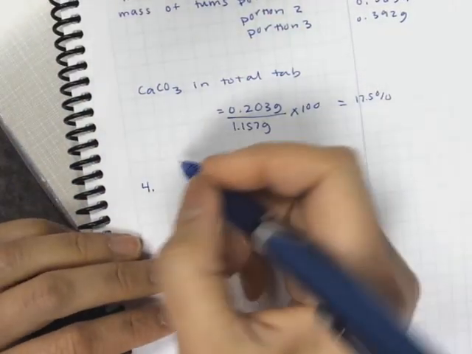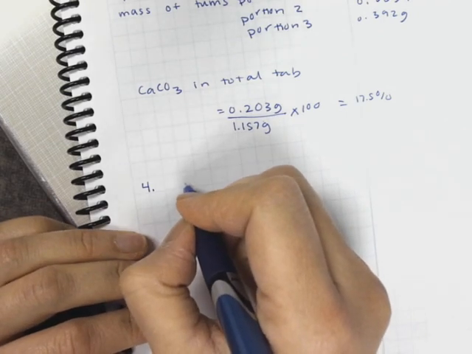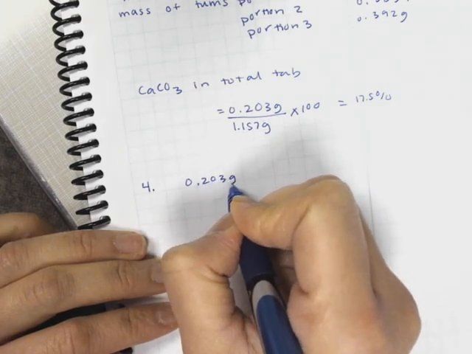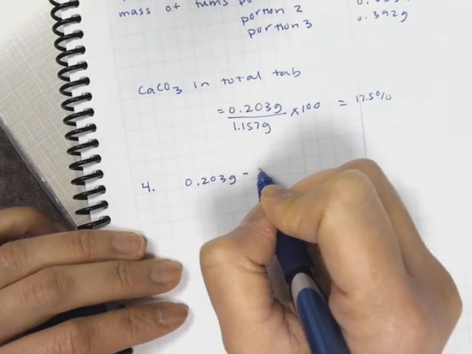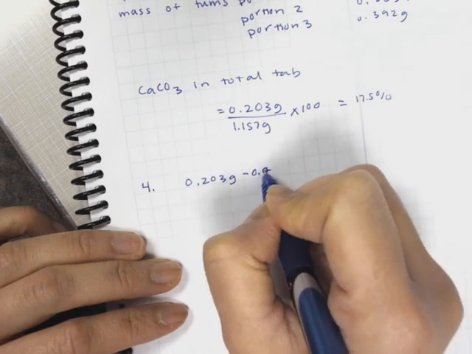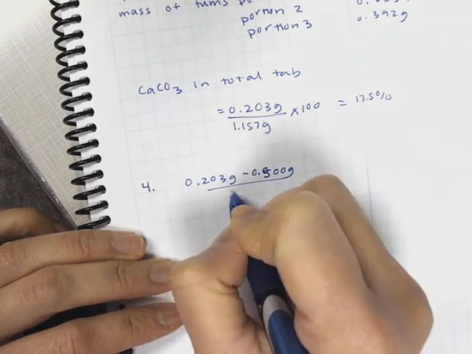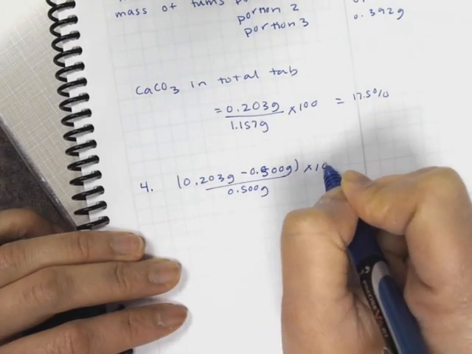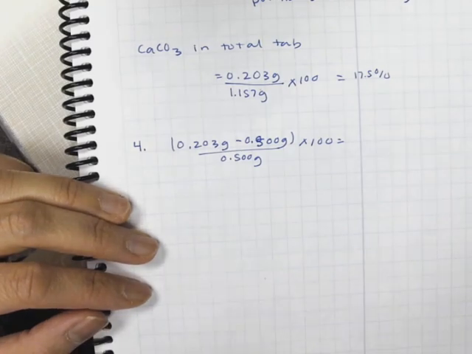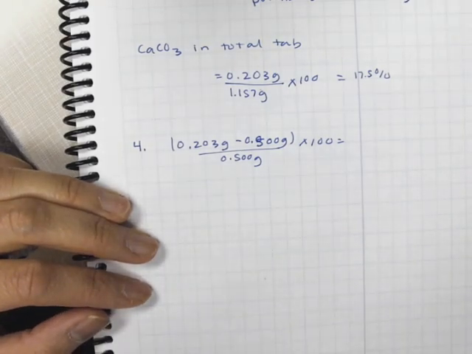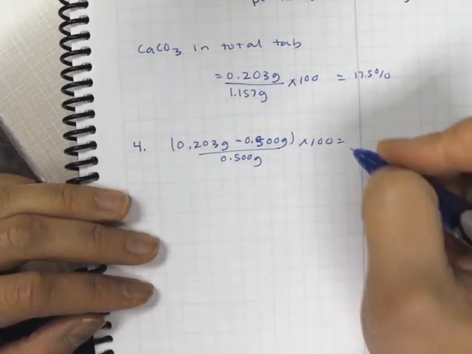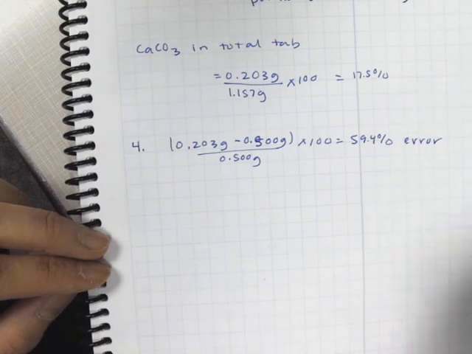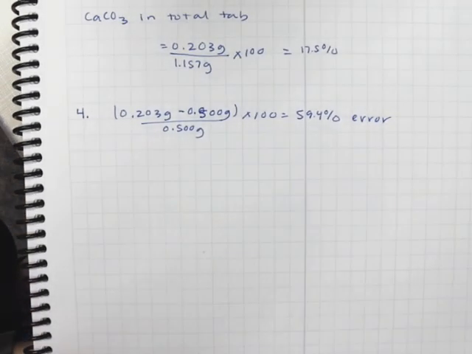My experimental total was 0.203 grams, minus the theoretical, 0.500 grams, over 0.500, so that's 59.4% error. That's how you do the calculations for experiment 9.